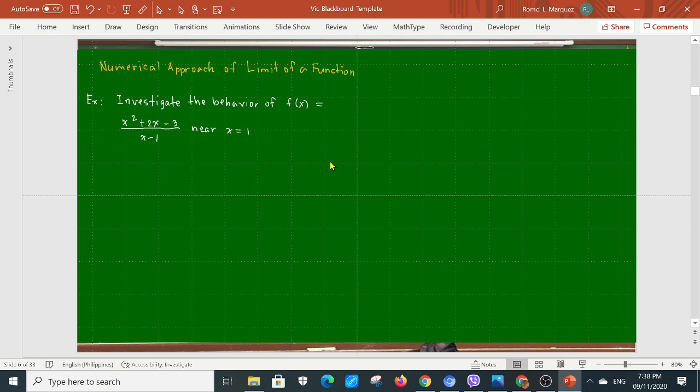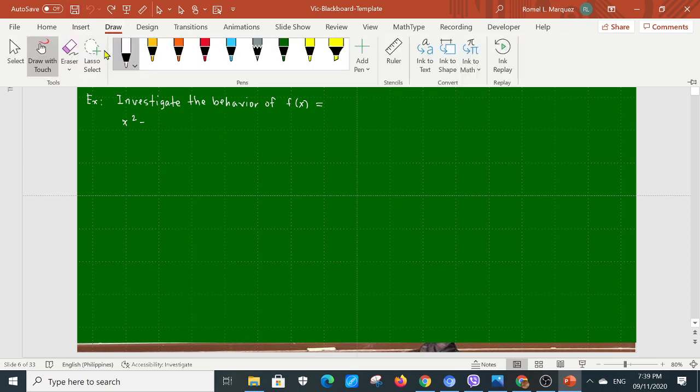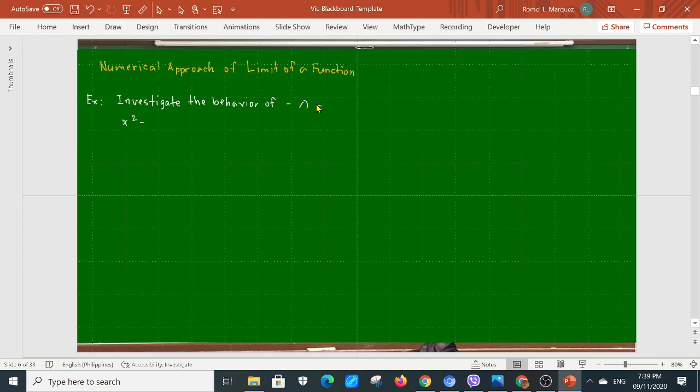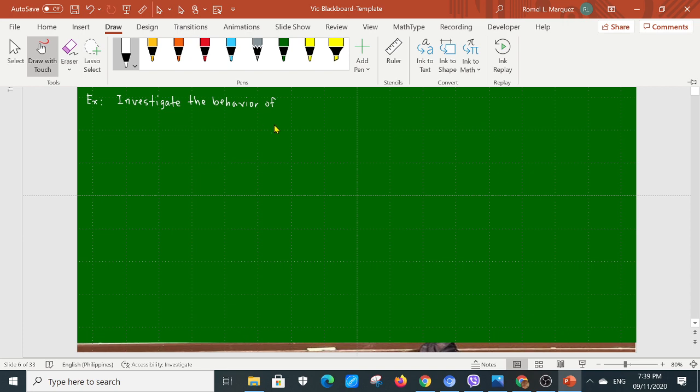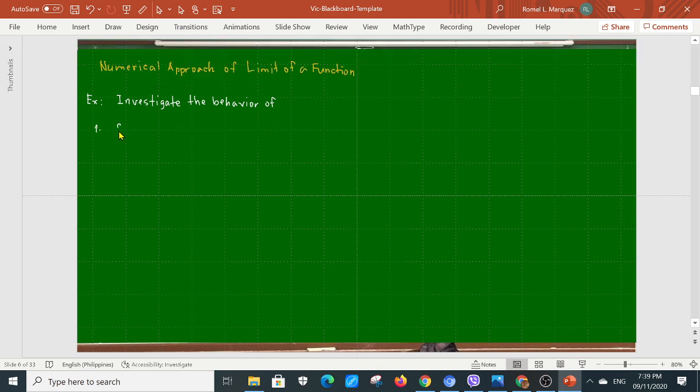This is letter A, number 1. Investigate the behavior of f of x equals x squared plus 2x minus 3 all over x minus 1 near x equals 1.